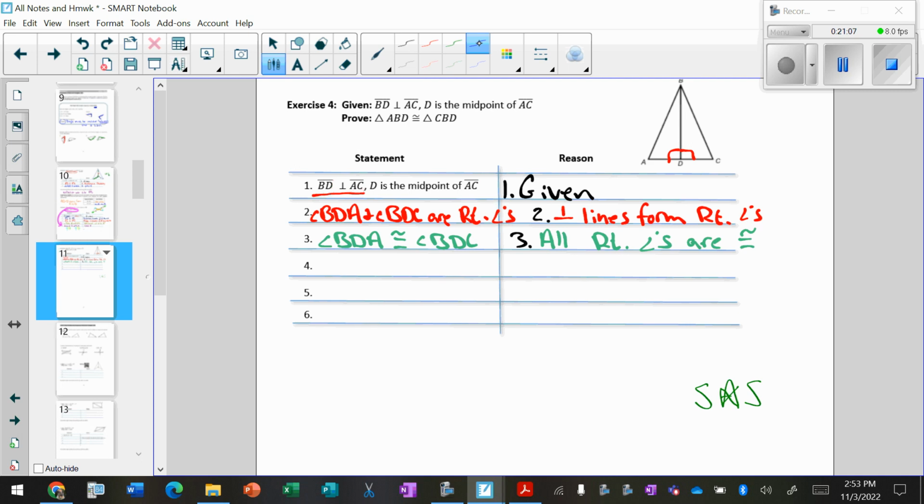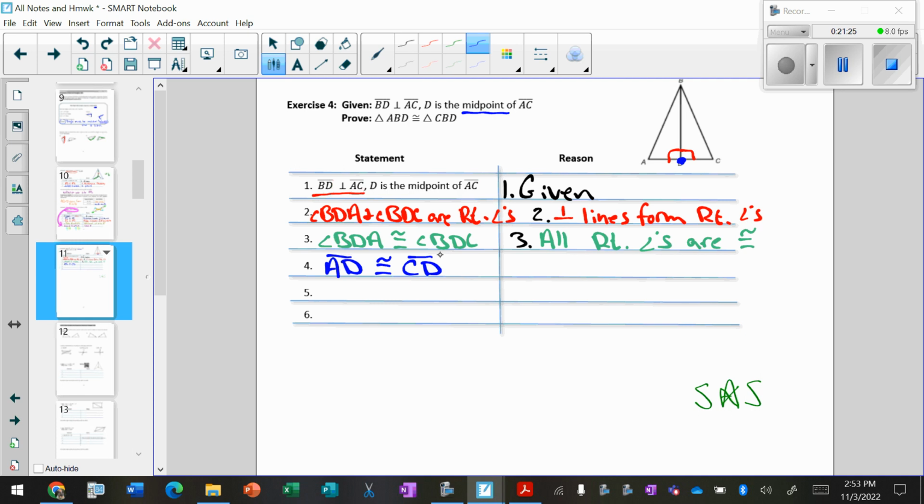Well, we were given a midpoint, so I'll use that next. If D is the midpoint of AC, that means it is the point in the middle, creating equal parts on both sides.